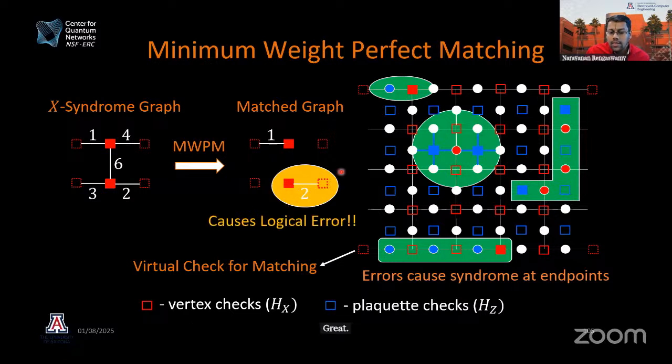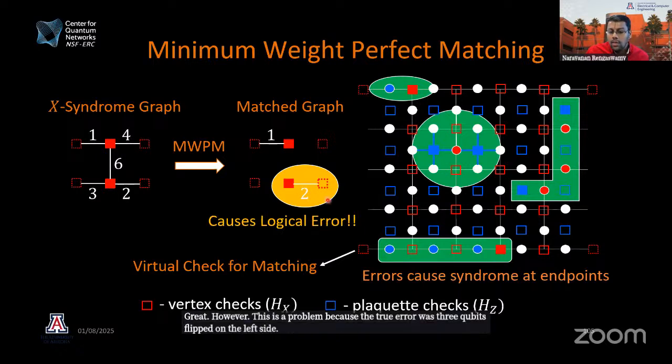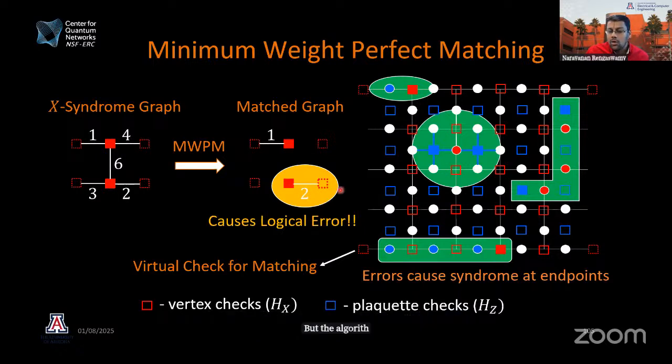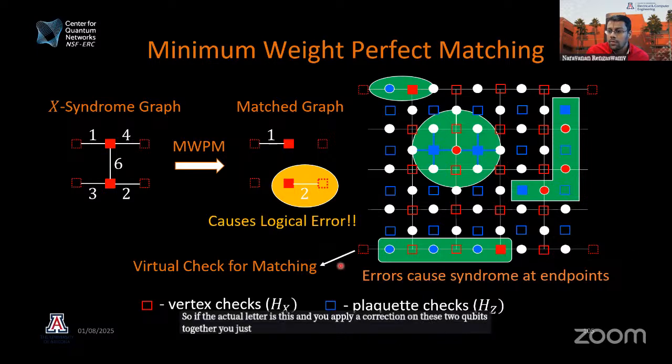However, this is a problem because the true error was 3 qubits flipped on the left side, but the algorithm matched the check to the virtual check on the right side, indicating that the correction, the estimated error, is on these 2 qubits. So if the actual error is this, and you apply a correction on these 2 qubits, together you just formed a logical operator, and therefore you caused a logical error.